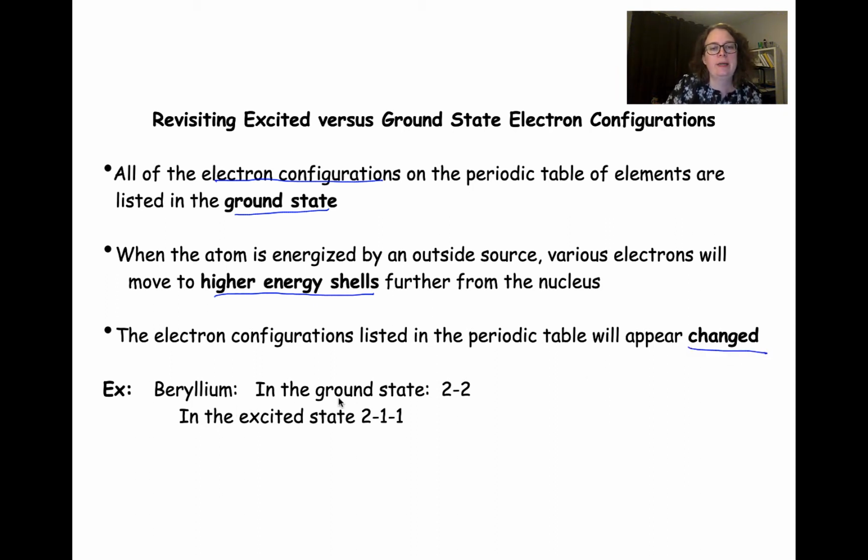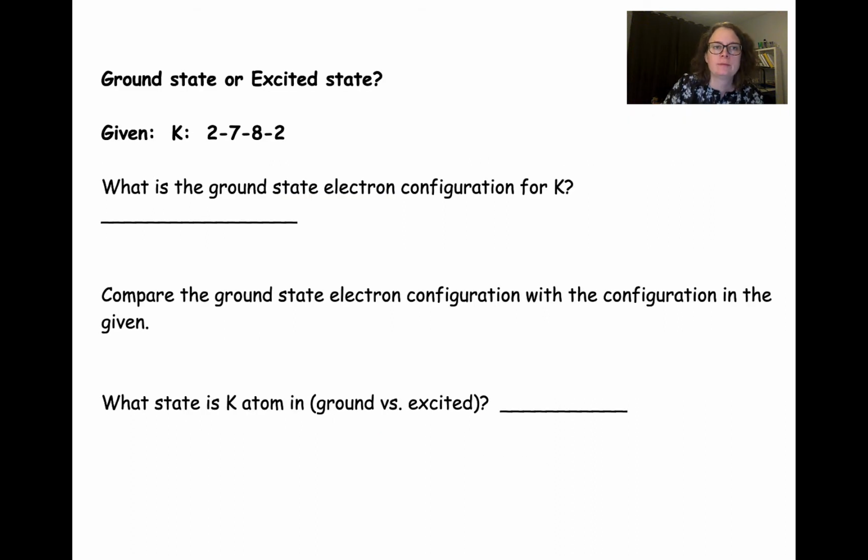So for beryllium, its ground state electron configuration is 2-2, and in the excited state, one of our electrons from n equals 2 pops over to n equals 3, right? So we're going from a lower energy level to a higher energy level, and the excited state configuration can show us exactly where our electrons are moving.